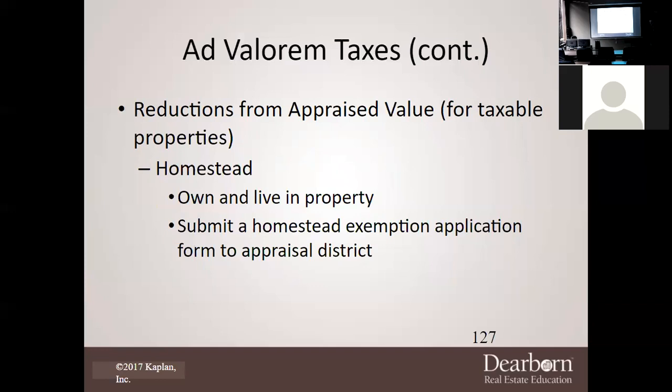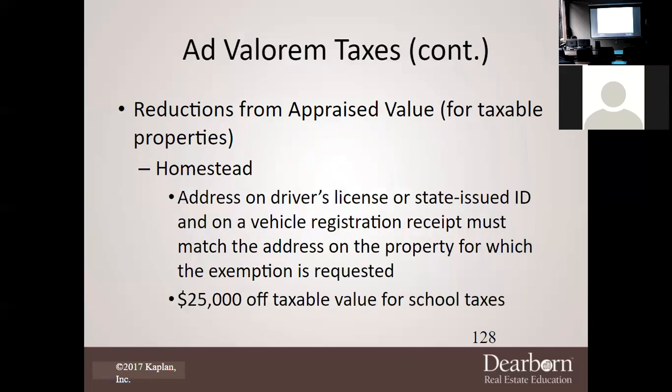It's just a lien. It's a mortgage. You also must submit an appraisal exemption application form to the appraisal district. The address on the driver's license or the state-issued ID and a vehicle registration receipt must actually match the address on the property for which the exemption is requested.